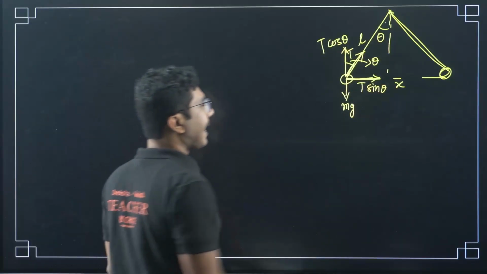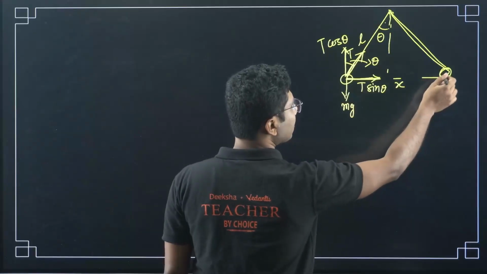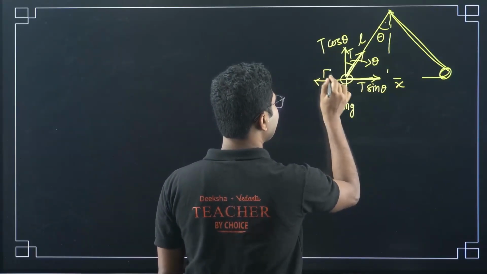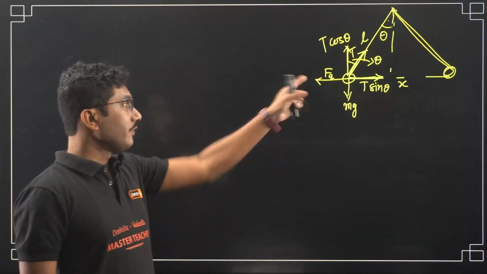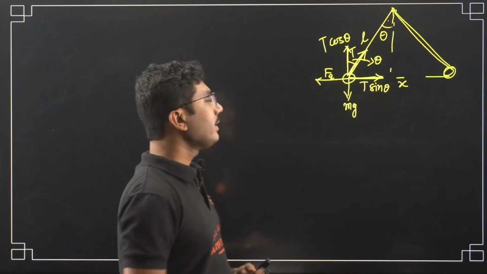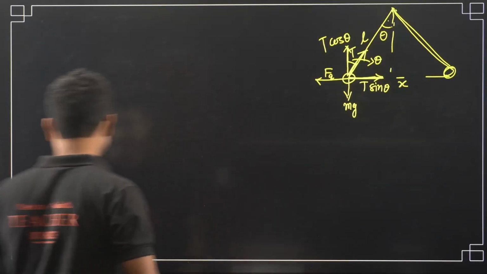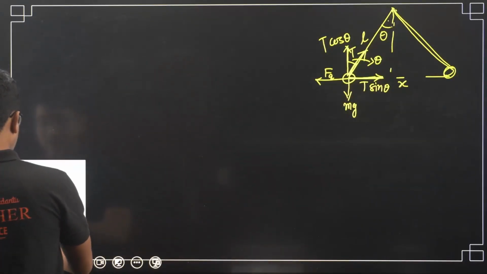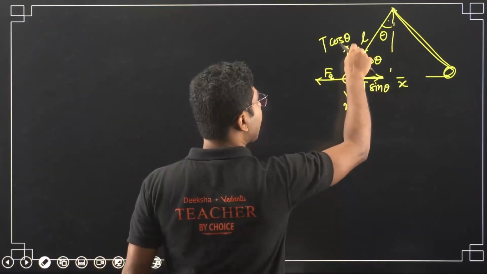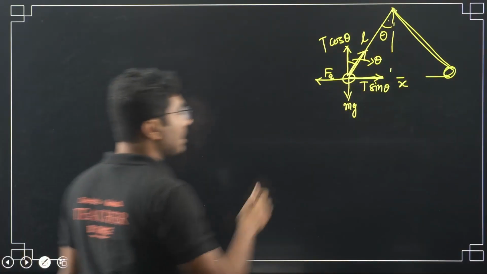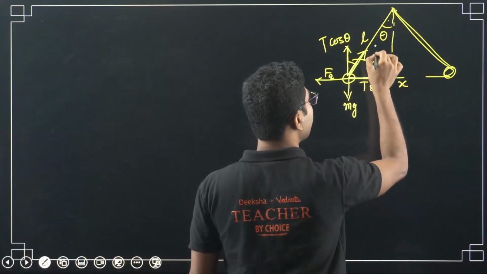Right? And what else? Because of this charge, there will be a force of repulsion as well. I am calling that force Fq. If the system is in equilibrium, then all the individual components of forces are cancelling each other. The vertical components are cancelling each other, and the horizontal components are also getting cancelled.